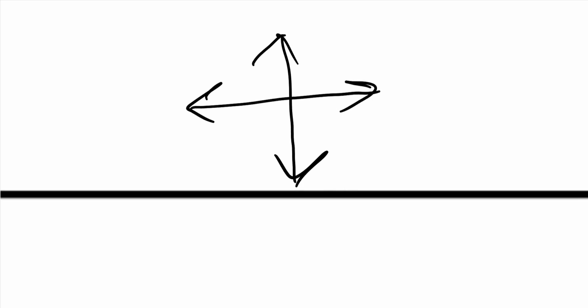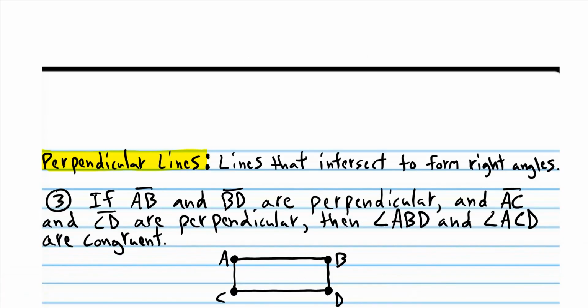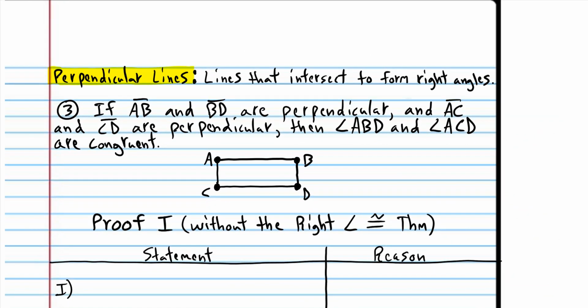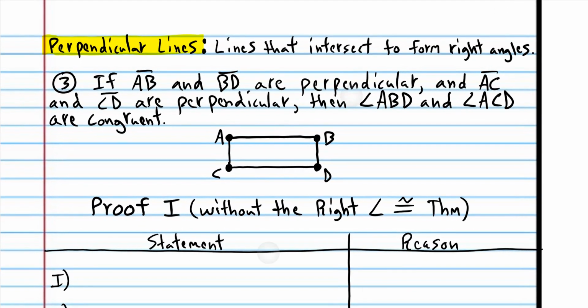If these lines are perpendicular lines, that means all of the angles must be 90 degrees, this angle and so on and so forth. But you can notate a 90-degree angle with a box. That's universally recognized as a 90-degree angle. So we're going to need that idea of perpendicular to go on to the next proof here.